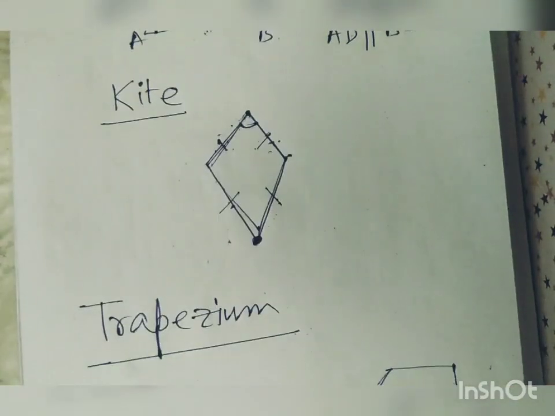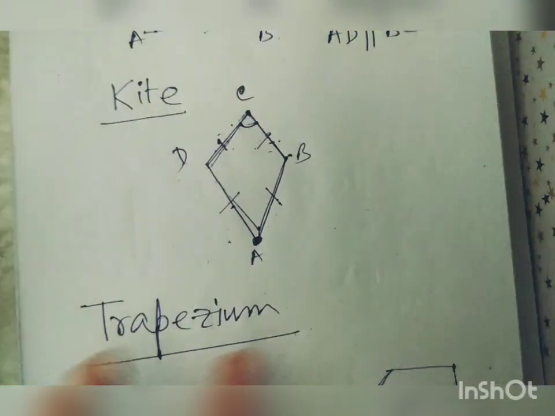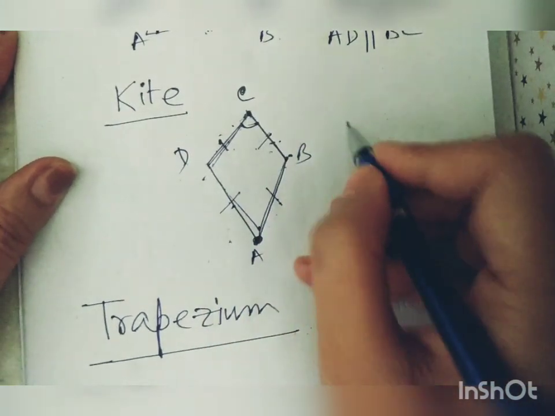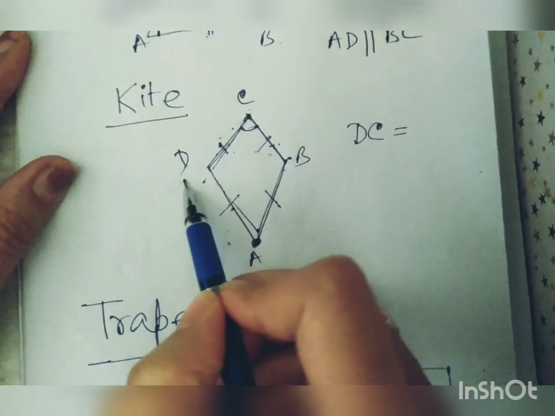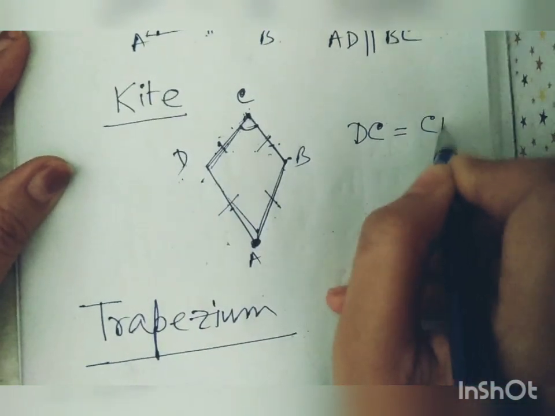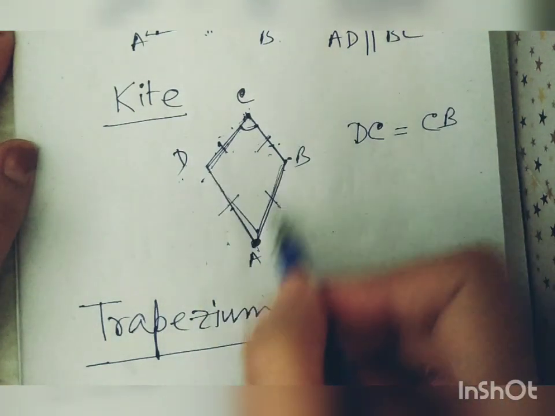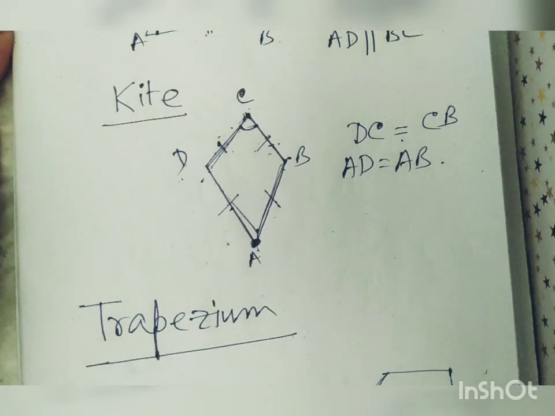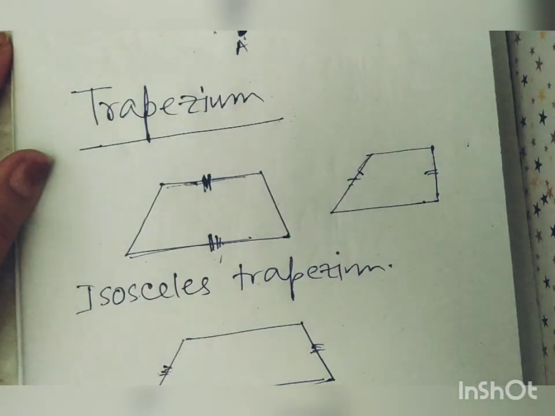Now in case of kite, here we can give it a name ABCD again. I am giving all the quadrilaterals the name ABCD. Here we can see two pairs of sides are equal in length, meaning DC is equal to CB, which are adjacent to each other, and for this pair AD is equal to AB. These are the adjacent pairs of sides which are equal in length in case of kite.